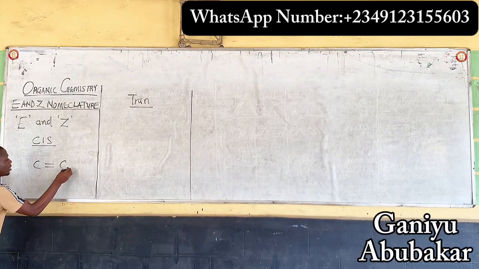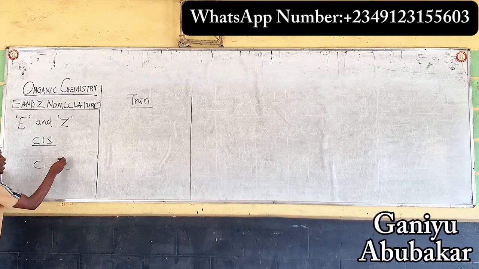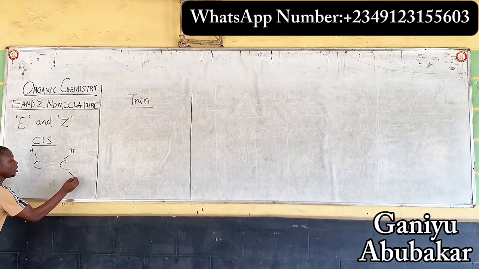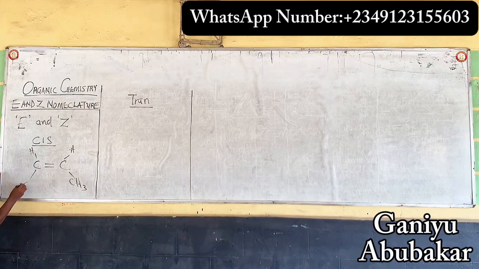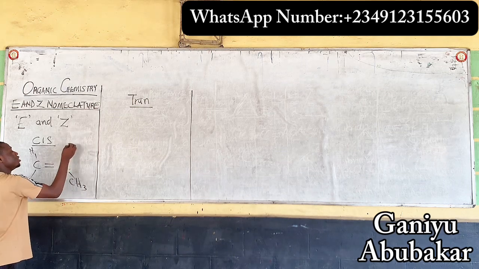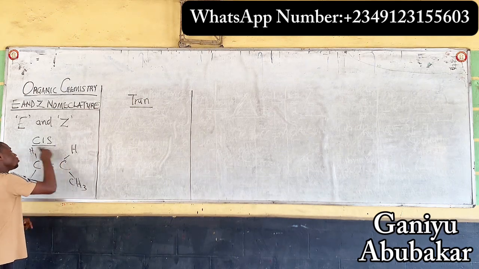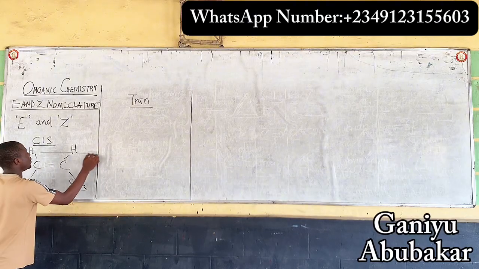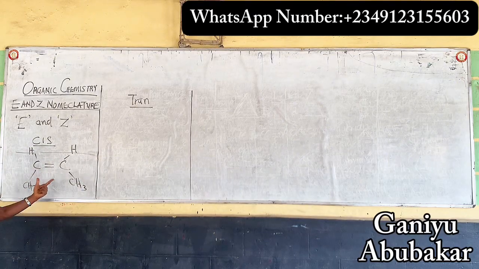If I have a carbon this way and I have hydrogen here, I have CH3 here, and I have CH3 here, this is a cis system. Why? The hydrogens are placed horizontally. You can see that this is a cis system.